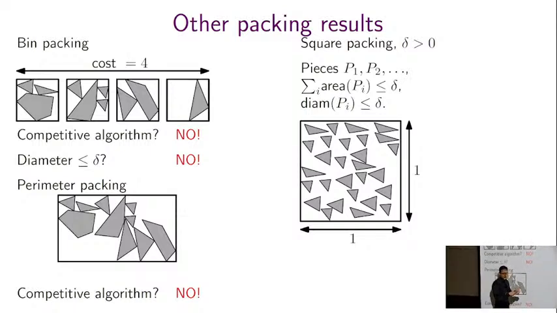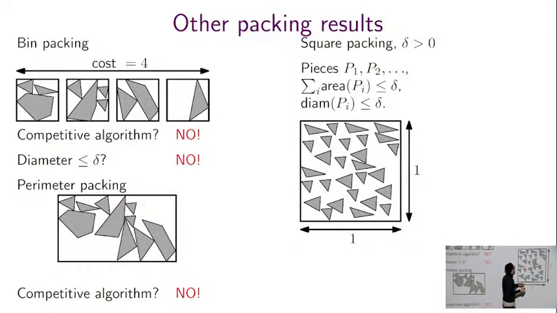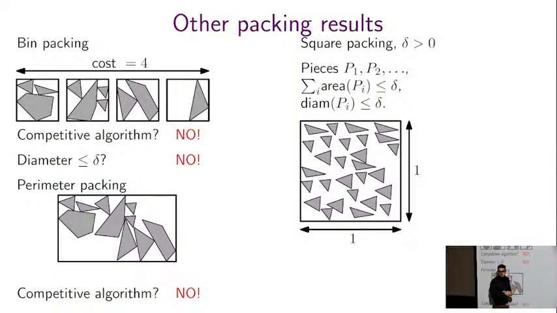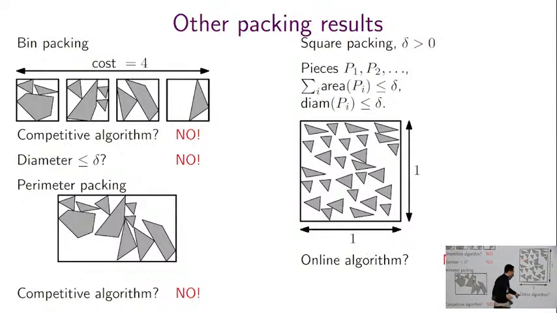So they are small, and their total area is also small. And then we want to know if we can always pack such a stream. However many there are, is it possible to pack them into a unit square if delta is just small enough? And we show that for no delta is there an online algorithm that can do this.